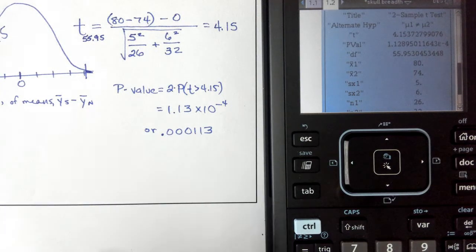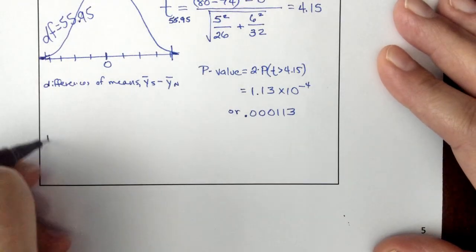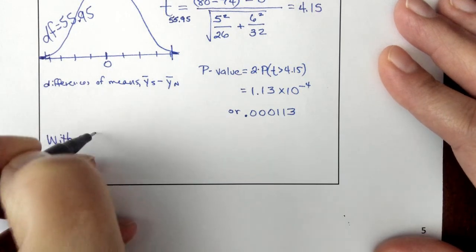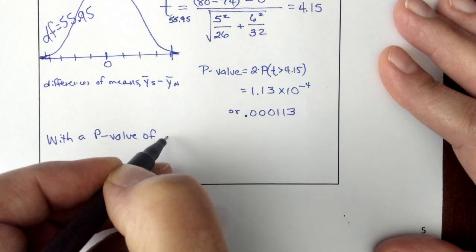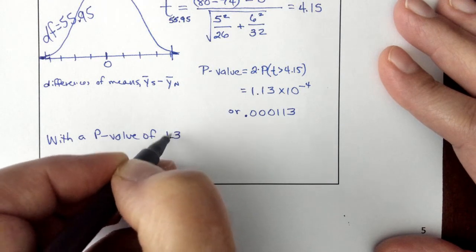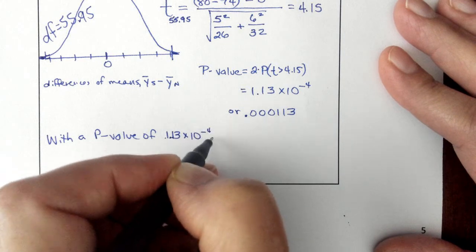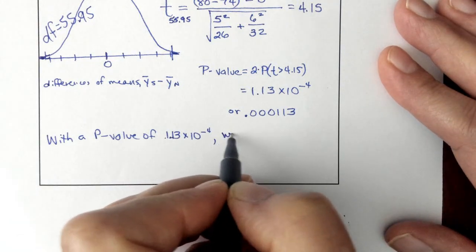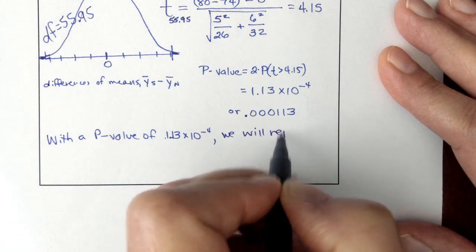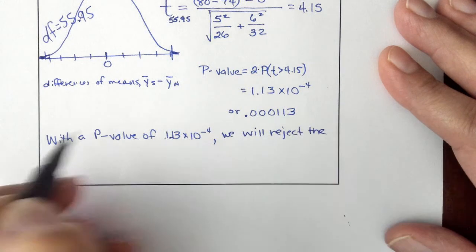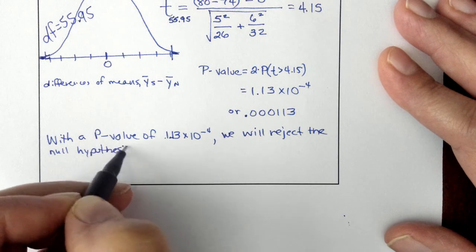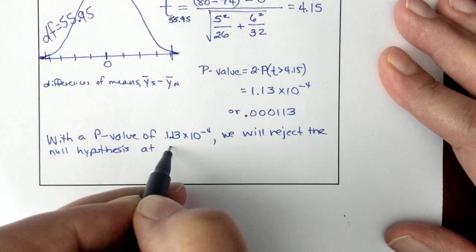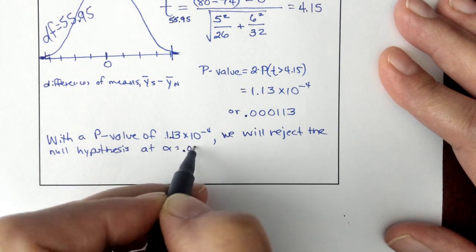Evidence says otherwise. So with a p-value of 1.13 times 10 to the negative fourth, we will reject the null hypothesis at an alpha level of 0.05.